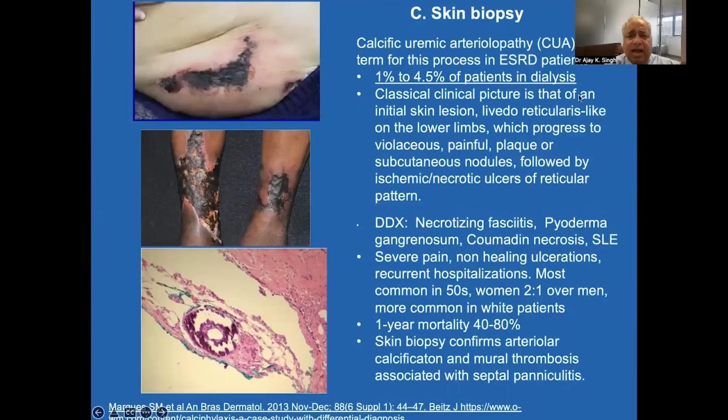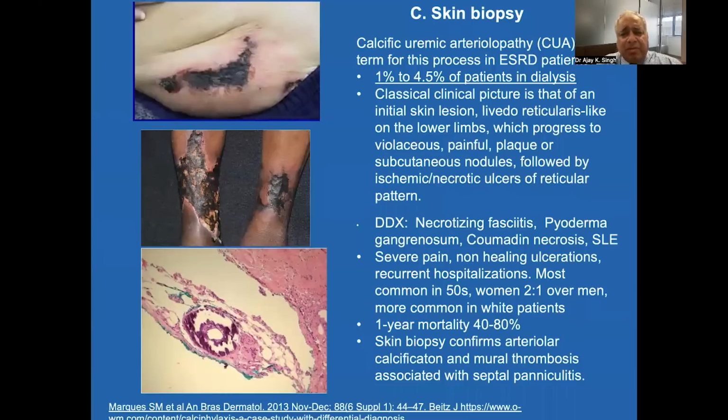This patient has, as you can see, this blackish discoloration. This is shown also in the pretibial area. This patient has calcific uremic arteriolopathy, otherwise known as calciphylaxis, which occurs in 1 to 4.5% of patients on dialysis.